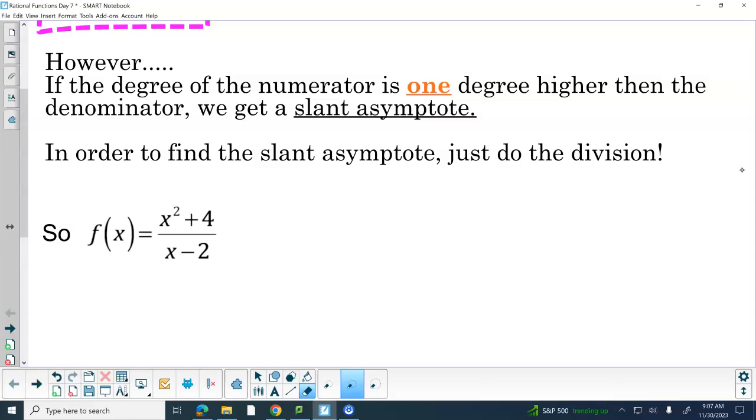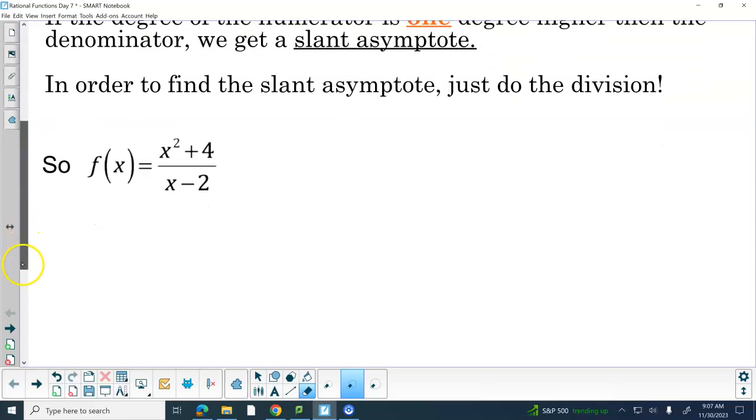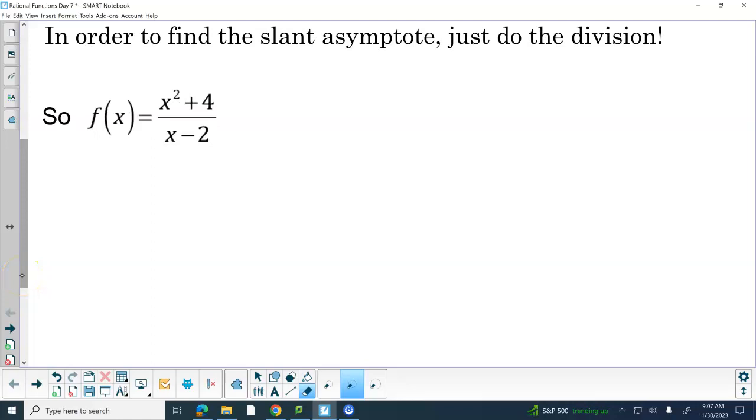First thing I got to look at is I got to look and see if anything factors out. Anything factor from the top? Do we agree with x minus 2, x minus 2? No, I don't agree with that either. What about x minus 2, x plus 2? Nope, I don't agree with that either. So anything factors from the top? Nope, nothing factors from the top. Okay? Anything factor on the bottom? Nope, can't do it.